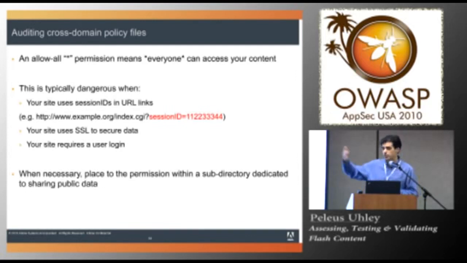You can open up a directory within that website: you create a directory called public, and then you put the wildcard permission restricted specifically to that directory by putting a specific cross-domain policy file in that directory. That way, you only expose the directory which is public, and you don't expose the entire website. A lot of people will just put star in the root cross-domain policy file, and that's where they run into trouble.